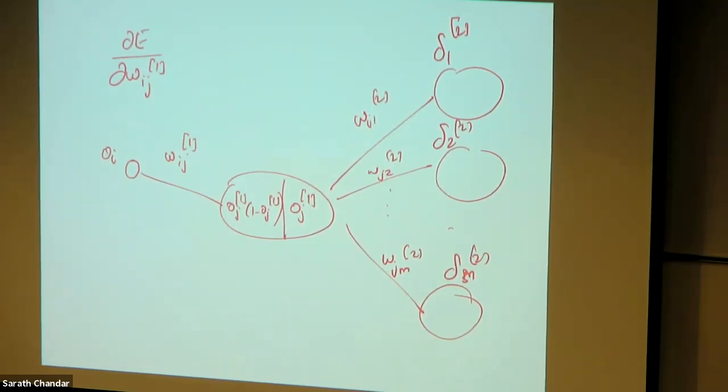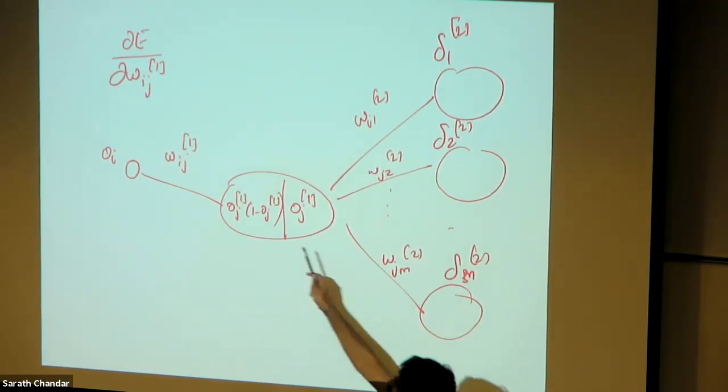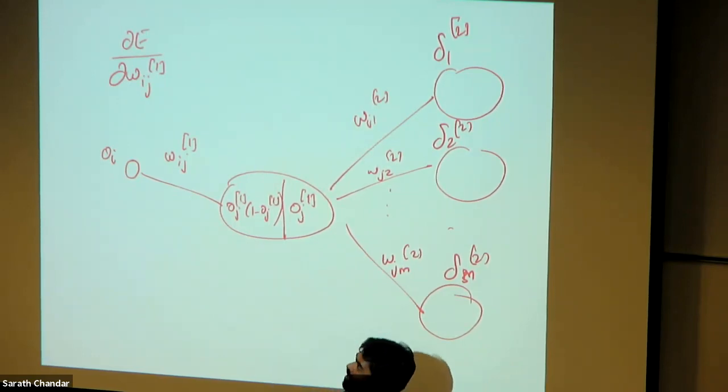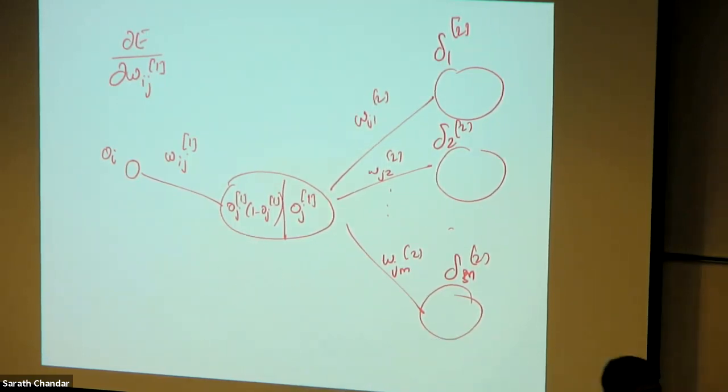So now this is actually simple. If I want to compute the gradient with respect to Wij of 1, I will take all these dels, multiply by W, sum them together, and then multiply by this. So that will be my del for updating Wij, right? It's simple.